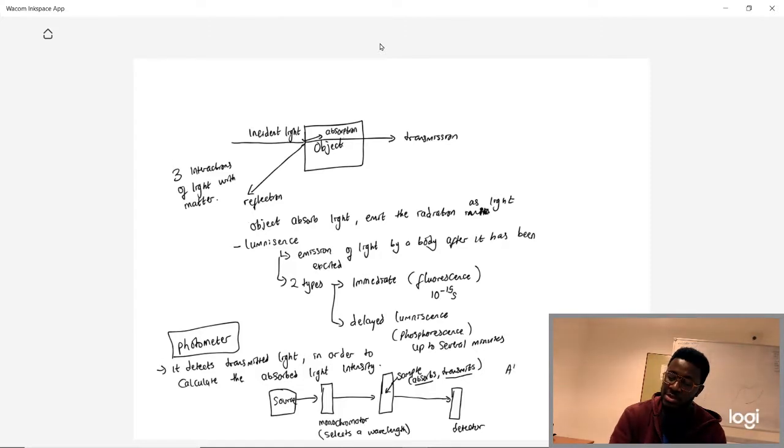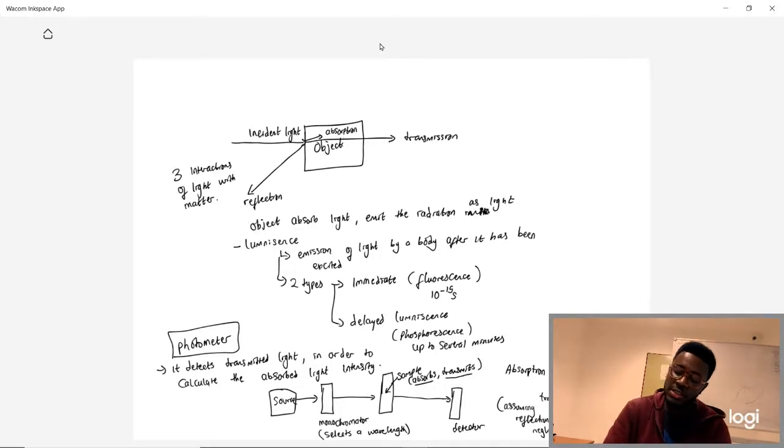So our absorption is going to be inversely proportional to our transmission, assuming reflection is negligible.